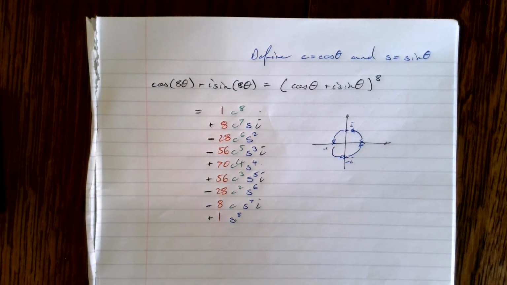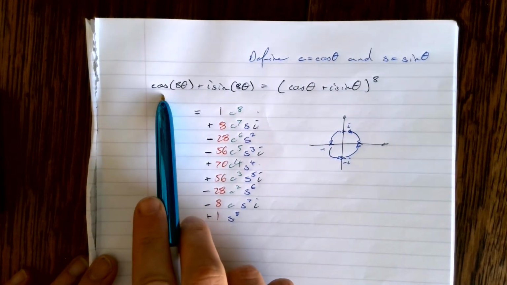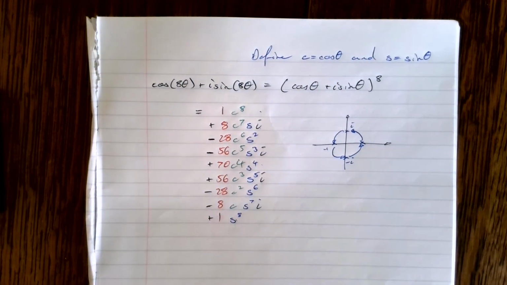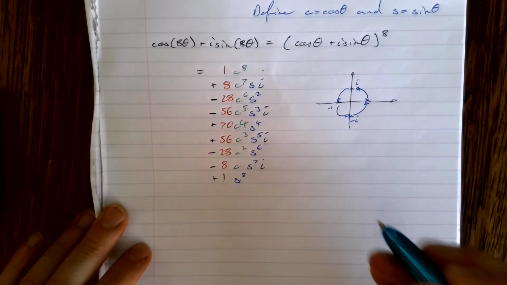Now, depending on what question you're answering, we want either the real part or the imaginary part here. I'm going to suppose I want to prove an identity in cos, so I just want the real parts. And laying it out like this also makes it easy to pick out all the real parts.